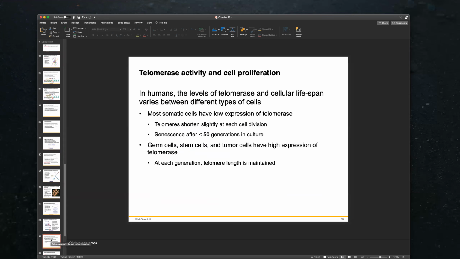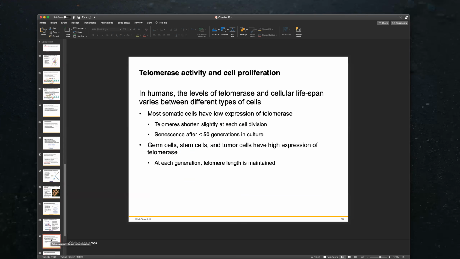Telomerase activity and cell proliferation. The levels of telomerase and cellular lifespan vary between different types of cells. Most somatic cells have low expression of telomerase, and telomeres shorten slightly at each cell division.